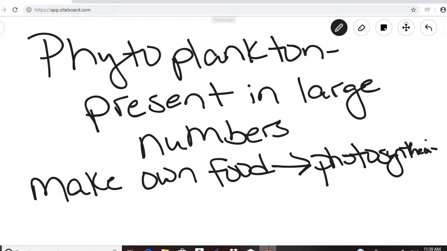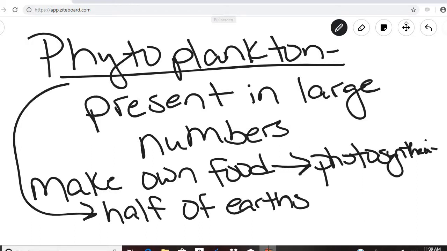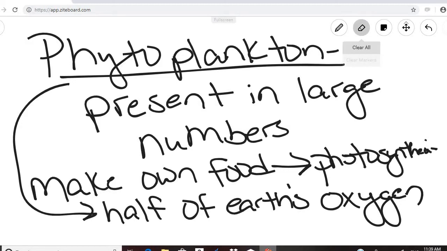Because these phytoplankton are present in such large numbers, they actually produce half of Earth's oxygen. Okay, so phytoplankton produce half of the oxygen supply in Earth's atmosphere. So they are very, very good at being producers.